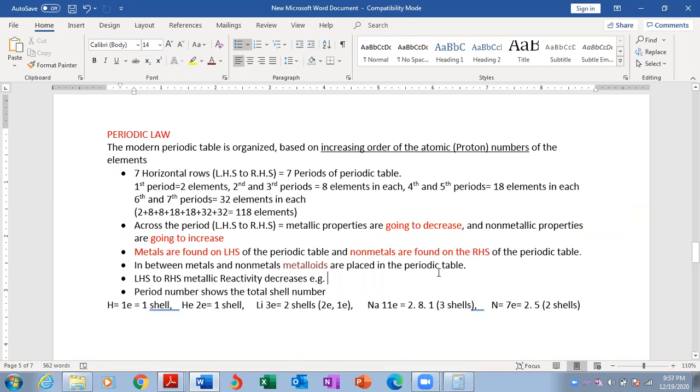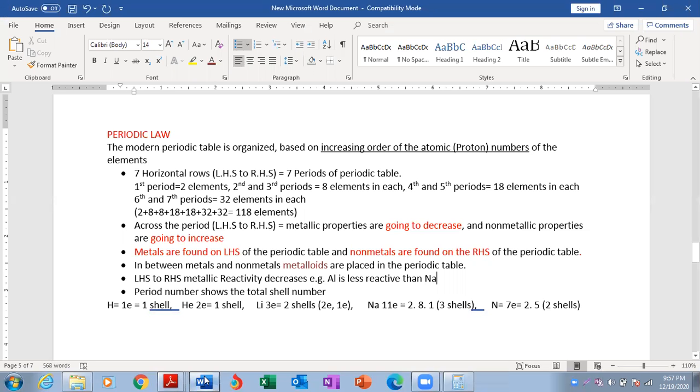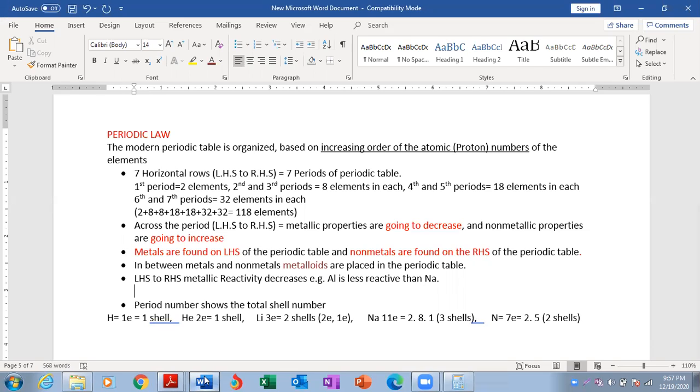Means if you have two things, like lithium as well as aluminium, which substance will react? I'm just going to highlight here. For example, aluminium is less reactive than sodium. Got it? I'm just going to show one example here.